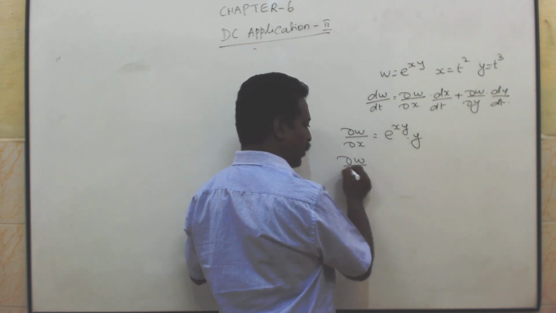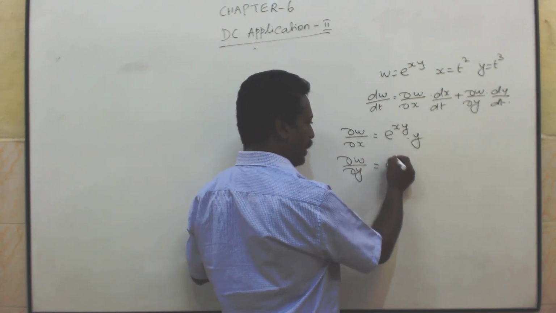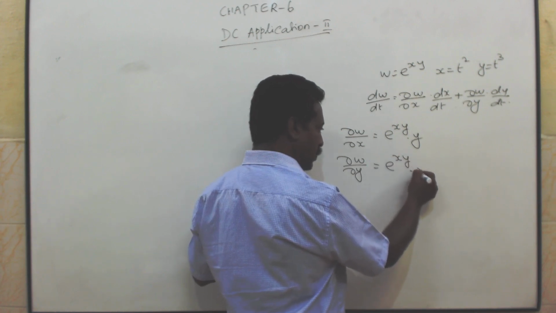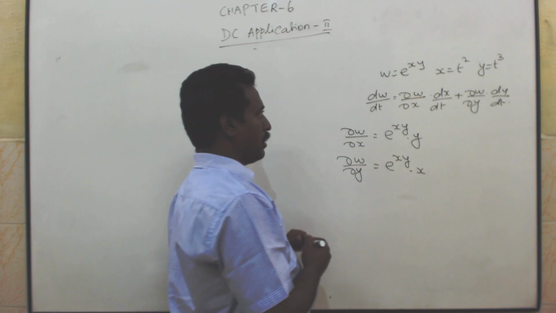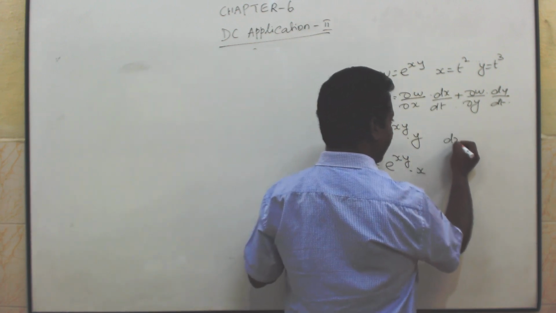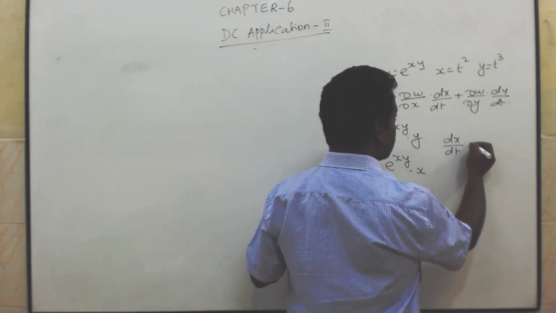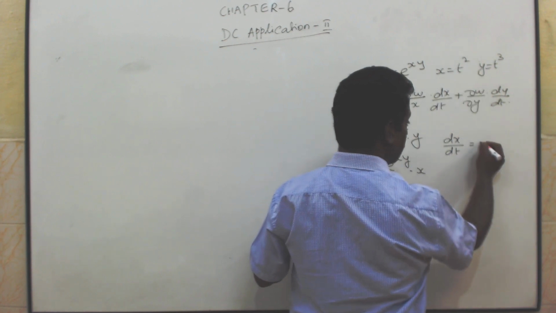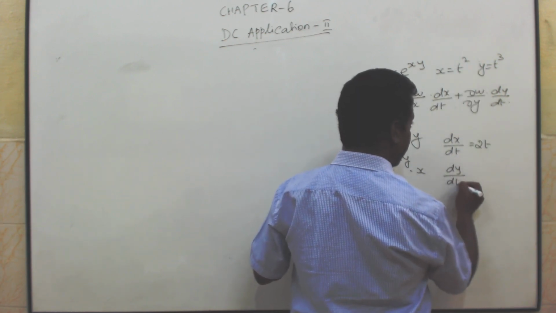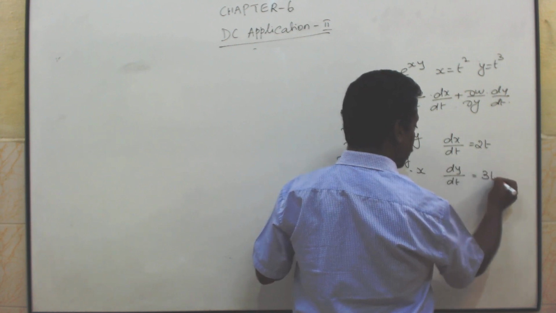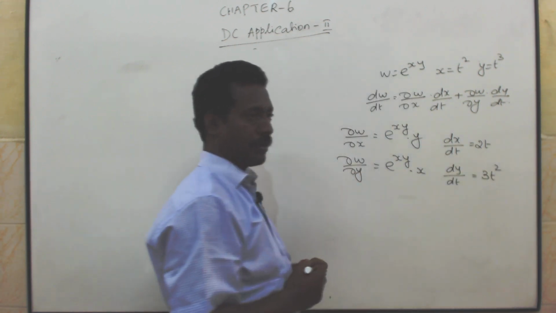Same way dou w by dou y is e power xy into x. dx by dt: differentiation of t square is 2t. dy by dt: differentiation of t cube is 3t square.